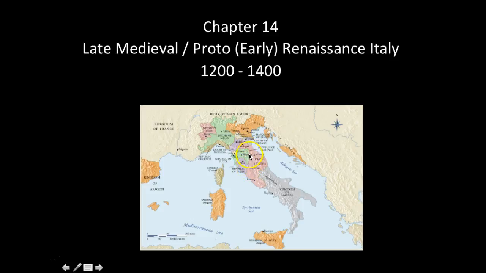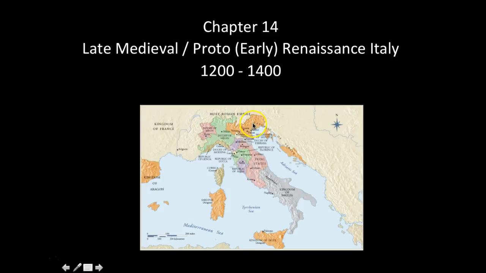And then in this green area is Florence. Florence is going to play a pivotal role, not the only city that does, but it plays a pivotal role in the beginning of the Renaissance. Down here is the Kingdom of Naples, Sicily. We've got Genoa up here, the Duchy of Milan, and we also have the Republic of Venice.